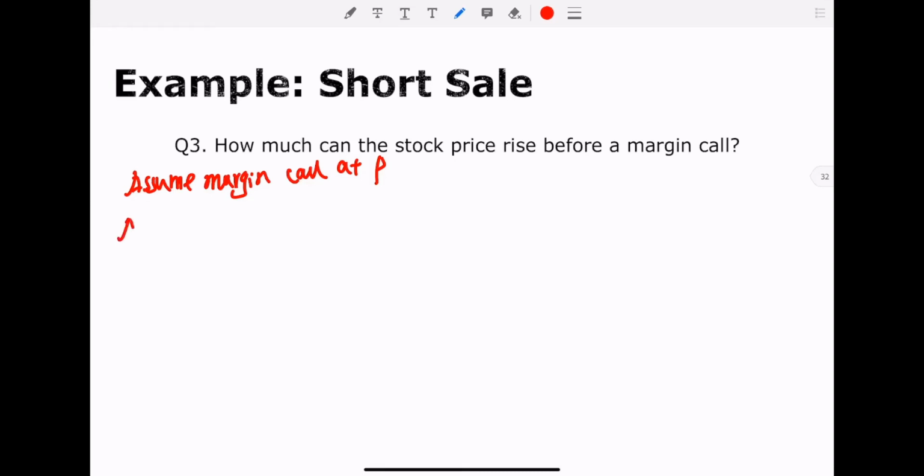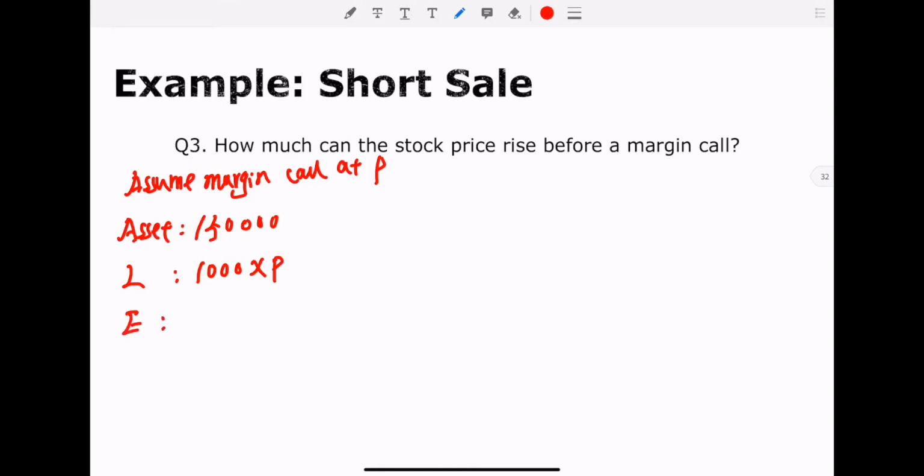So let's see, what is your asset? Well, obviously, your asset stays the same, it's $150,000. And what is your liability? Your liability is number of shares times stock price. Again, you have borrowed 1,000 shares. So this becomes your liability.